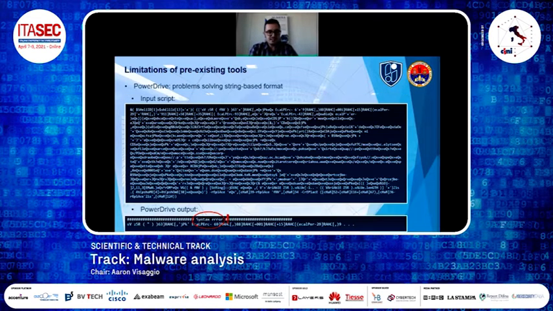Another pre-existing tool was PowerDrive, and we can see that it had some problems solving this case of string-based obfuscation, which was very complex. So this tool generates a syntax error due to the high complexity of the script.